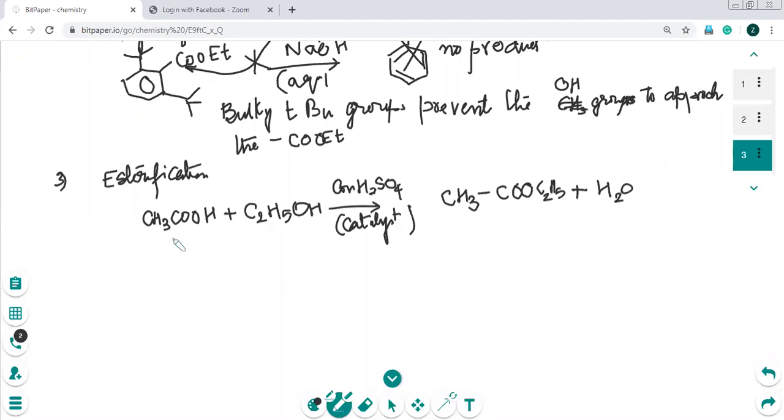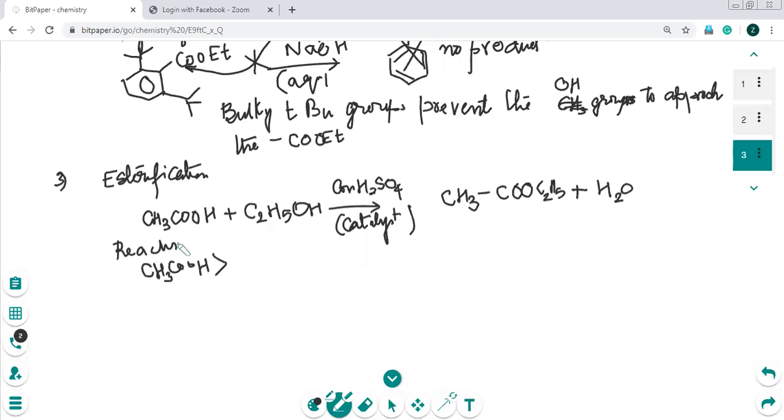Now, if you replace this hydrogen with a methyl group, you will get the ethyl. You replace different groups, each hydrogen, and find the rate of reaction. It is found that CH3COOH is faster in reactivity.